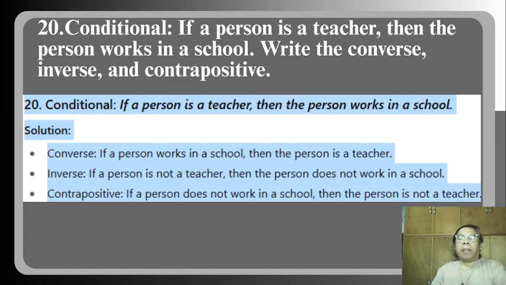Inverse: if a person is not a teacher, then the person does not work in school. Contrapositive: if a person does not work in school, then the person is not a teacher.